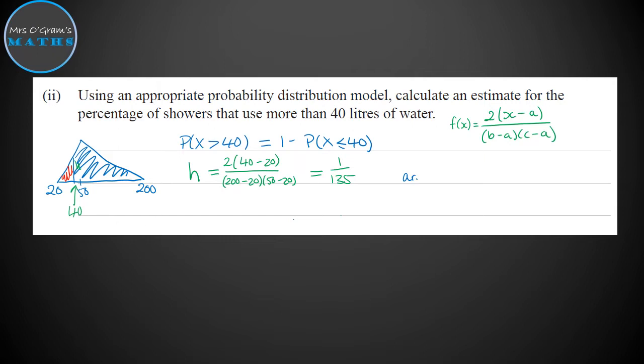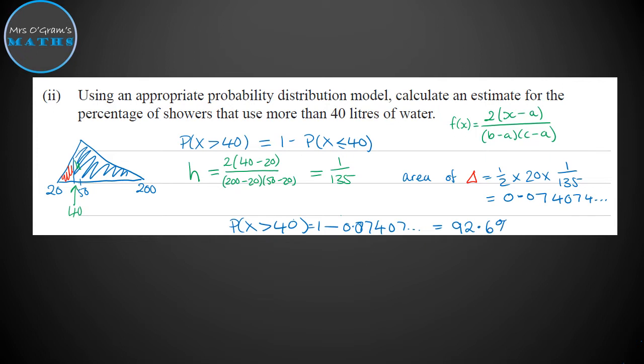So the area of the triangle, of the red one, will then be half times the base, which is 20, and the height we just worked out, 1 over 135. That comes to 0.074074 and so on. So then the probability that x is greater than 40 will be 1 minus 0.0741, which is equal to 92.6%.